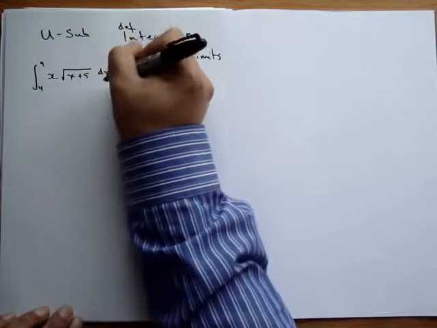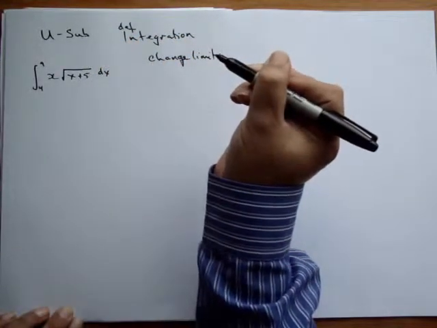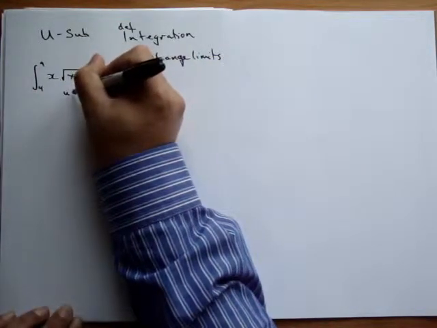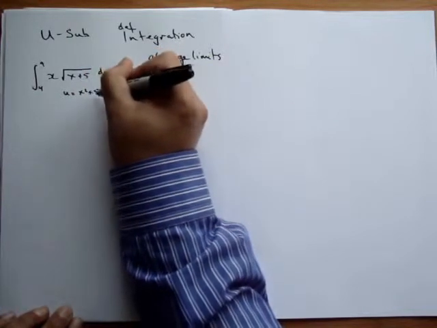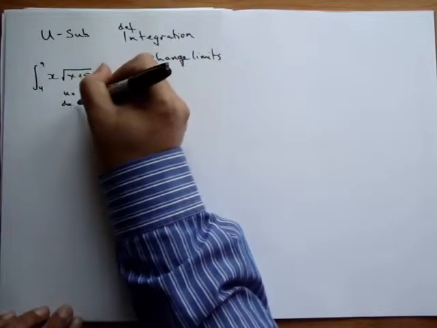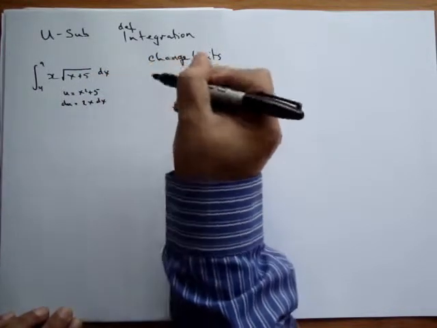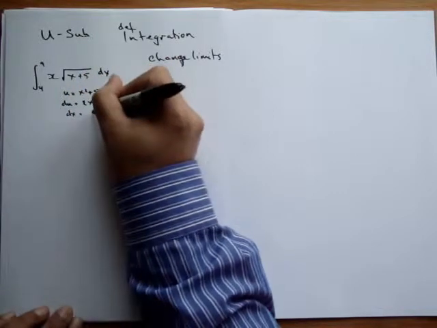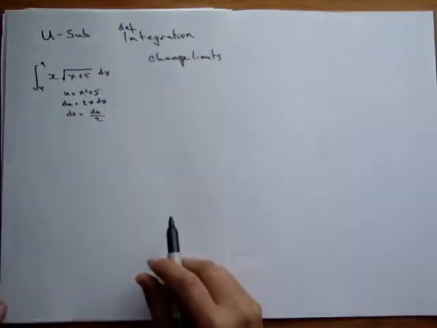dx. So in the normal way, if we were doing integration, we need to use u substitution, so we use u equals x squared plus 5. Our du then becomes 2x dx, and our dx is nothing but du over 2, or half du.